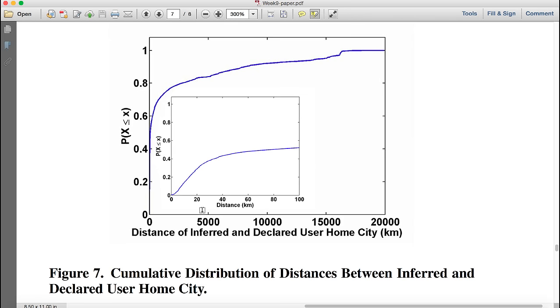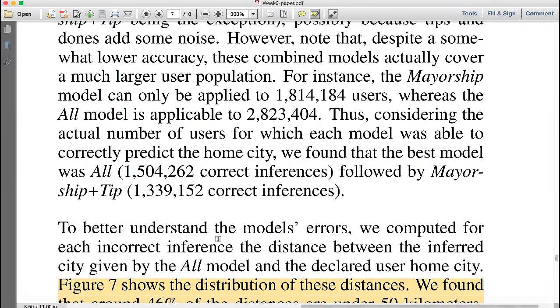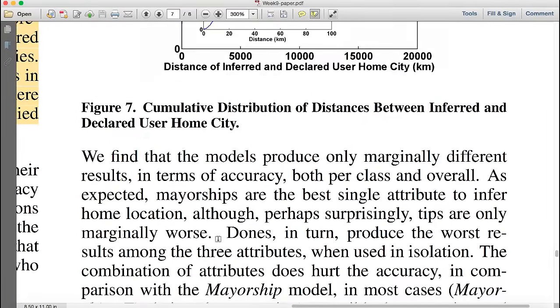That's the graph here. The x-axis is the distance between the inferred and the declared user home city, and the y-axis is the probability. This is how you read the graph. The distribution of these distances is shown in figure 7. We found that 46% of the distances are under 50 kilometers.